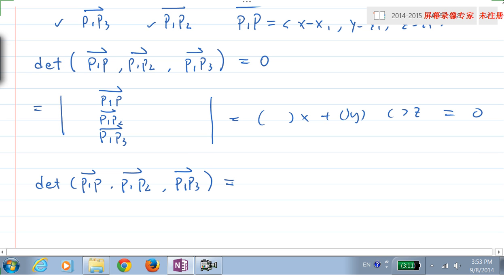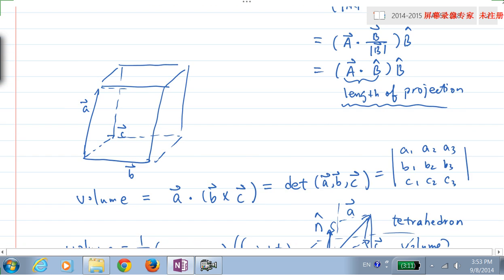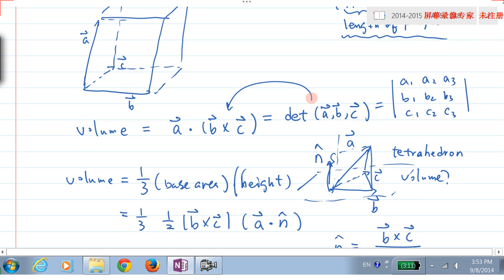So this is the formula here. If I go back one step, for this formula, according to the volume of a parallelepiped, that equals P1P dot P1P2 cross P1P3, like this, right? So this is basically the formula from here to here.